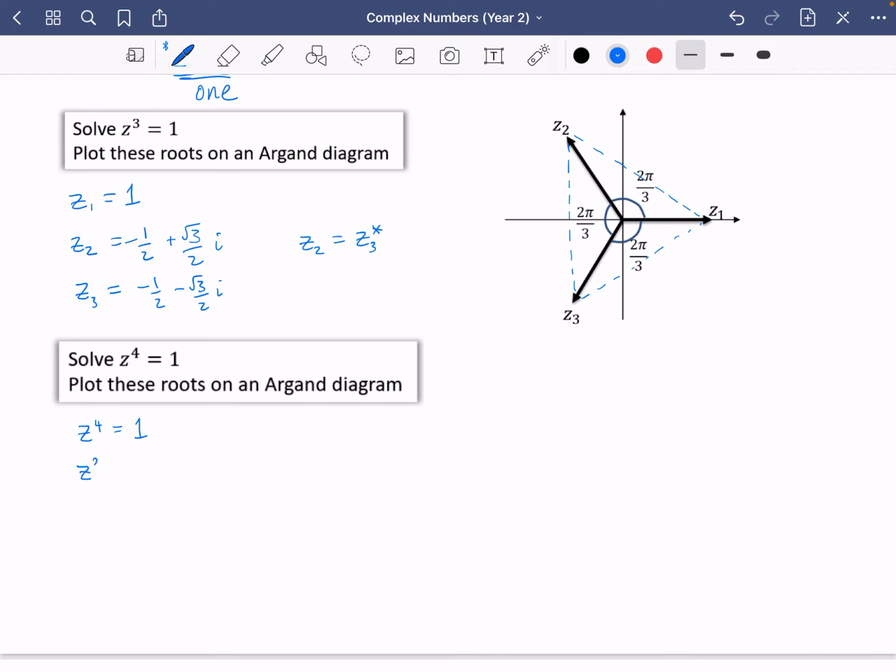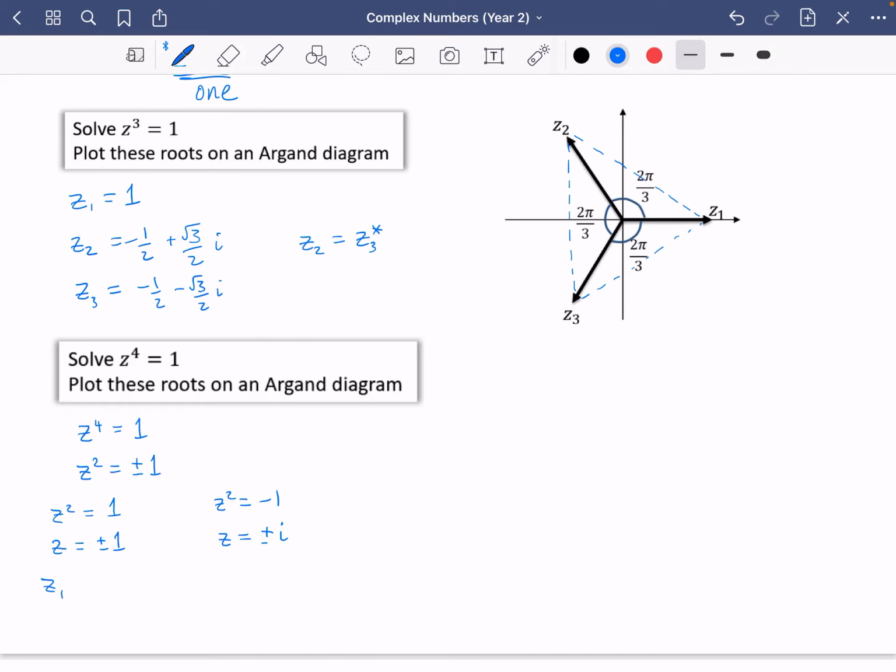I'm going to square root it to begin with. So z squared is either going to be equal to plus or minus 1. Well, if z squared is equal to 1, then z would be equal to plus or minus 1. And if z squared was equal to minus 1, then z would be equal to the positive and negative square root of minus 1, which is plus and minus i.